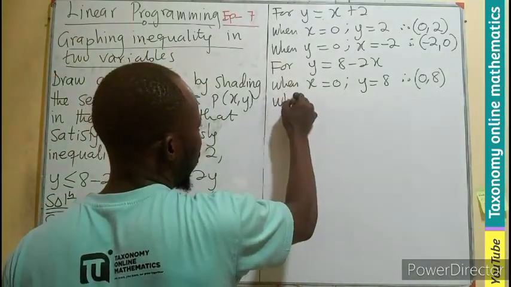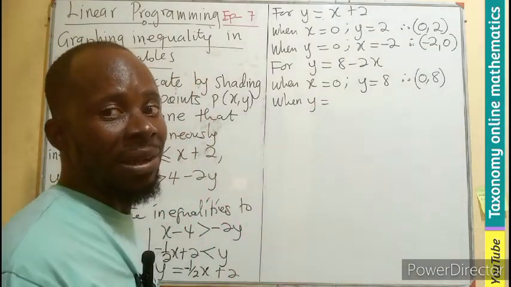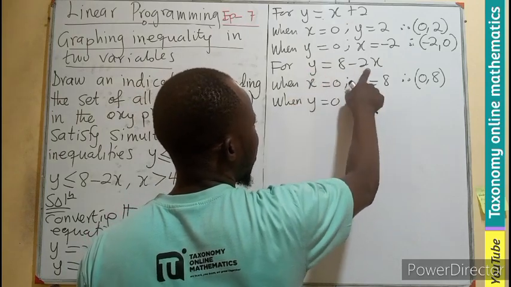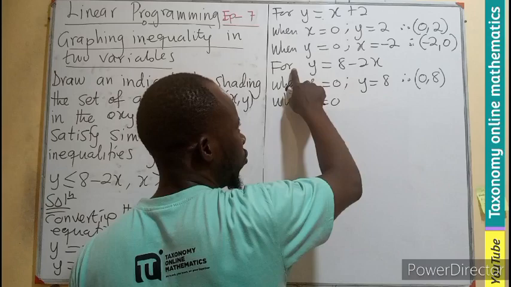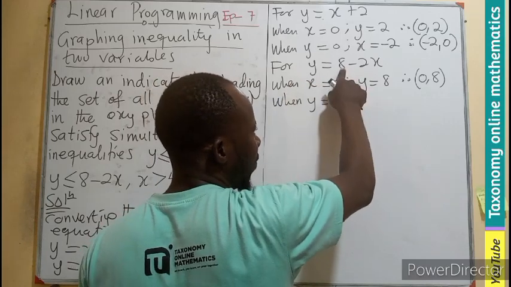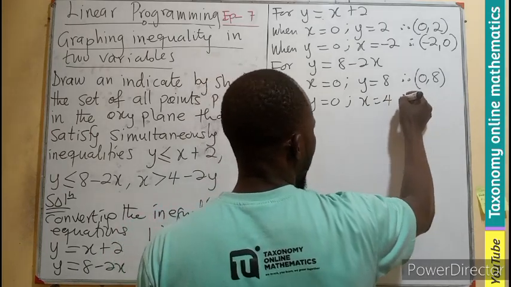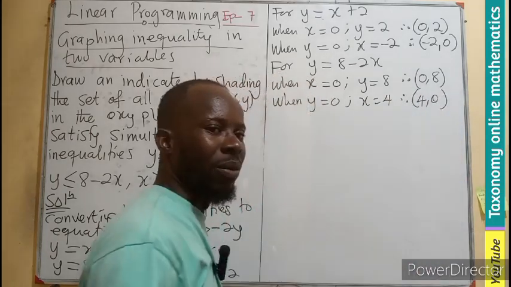Alright, let's move on to the intercept on the x-axis. When y is 0, this will become positive 2x. Positive 2x divided by 2 gives you 4. So x will give you 4. So your point will be (4, 0).